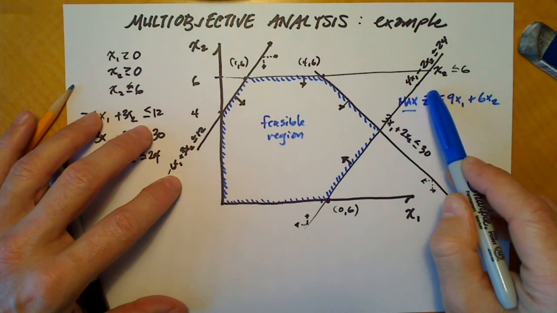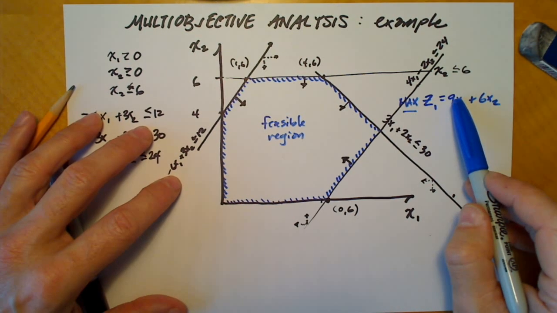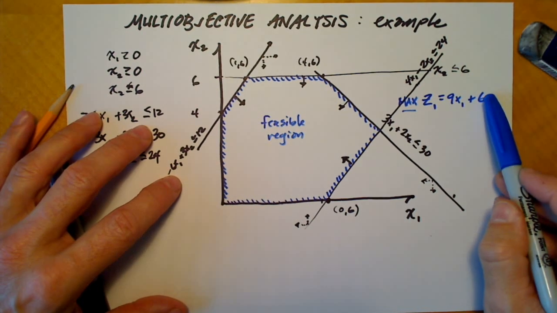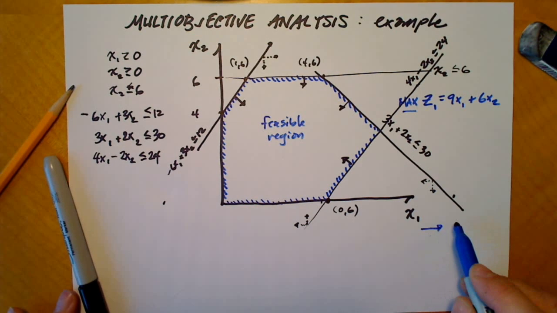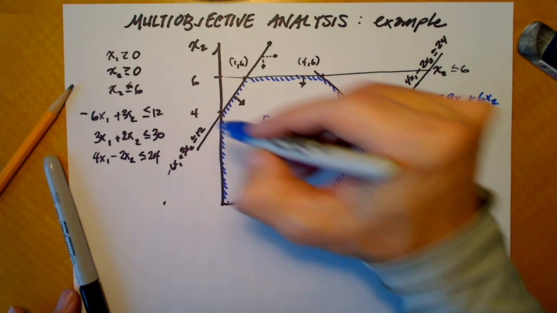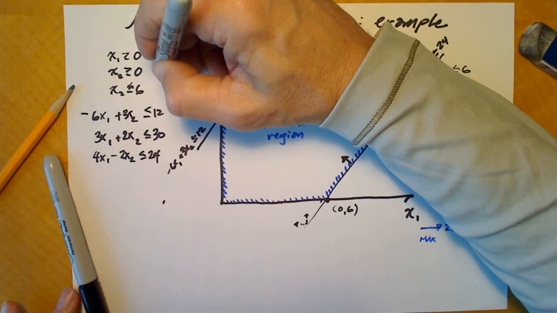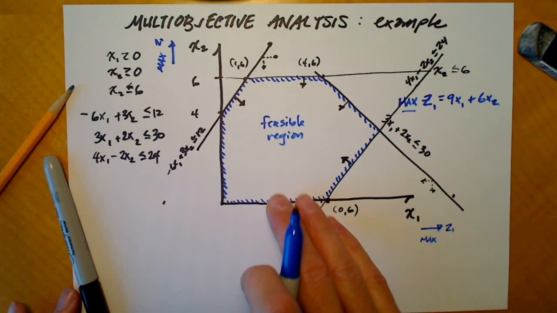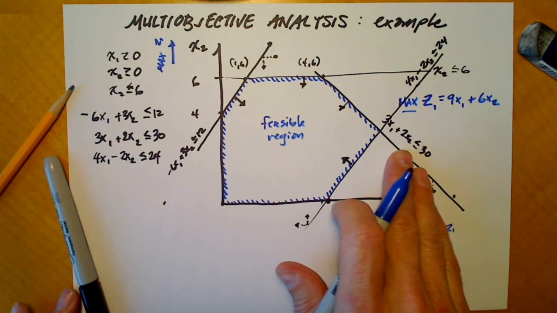We want to maximize z1, and so 9x1 is positive in the x1 direction, and 6x2 is positive in the x2 direction. So for z1, we know the maximum is going to be found up and to the right. It might wind up being anywhere against this boundary.